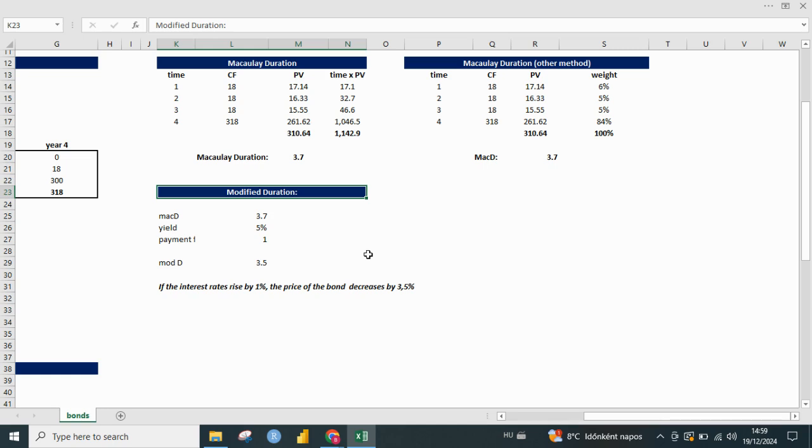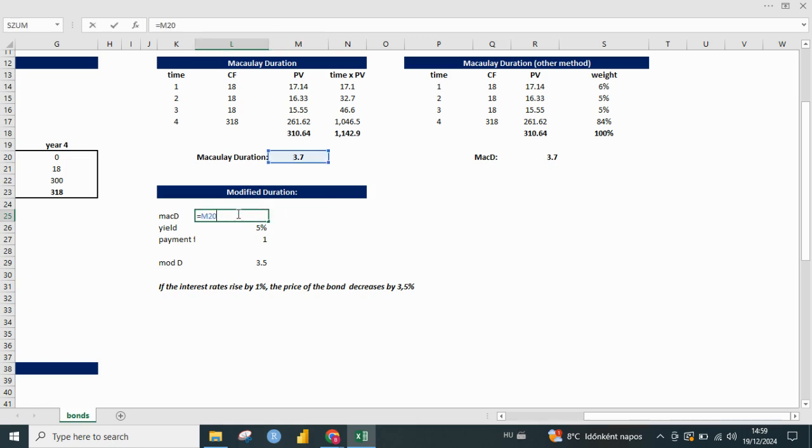The coupons can also be similar, and the expected yields are also similar. So basically, it's very good for evaluating investment opportunities and also comparing them. But let's go further and see how the modified duration looks.